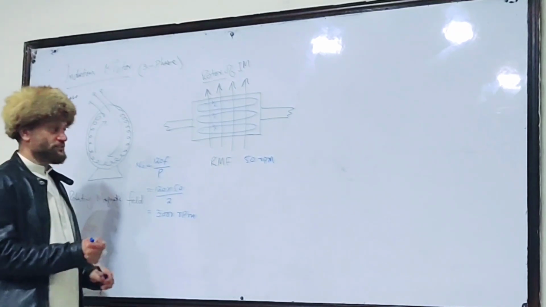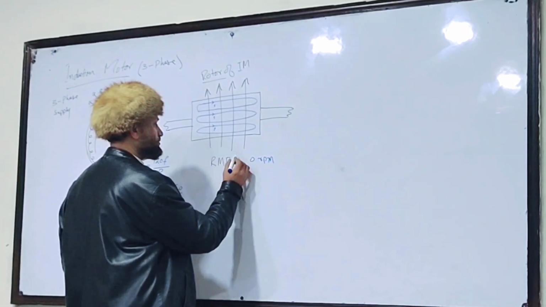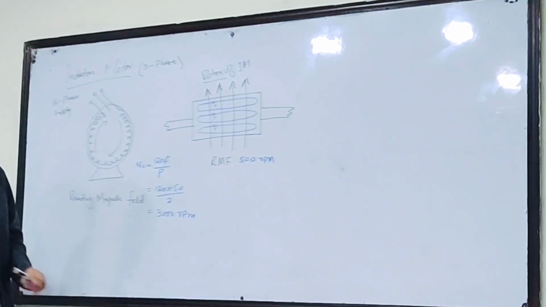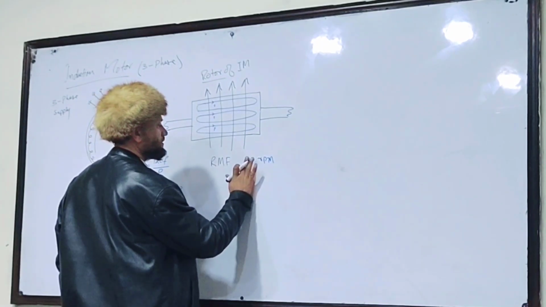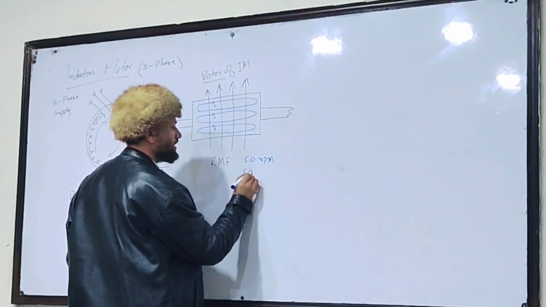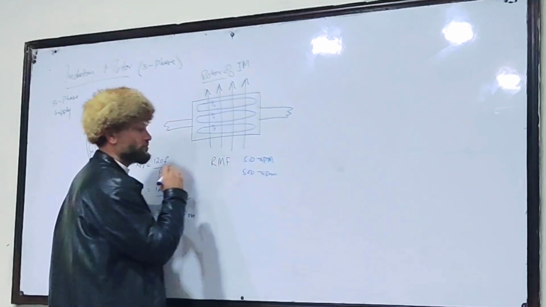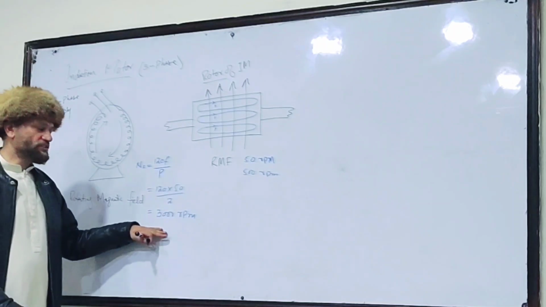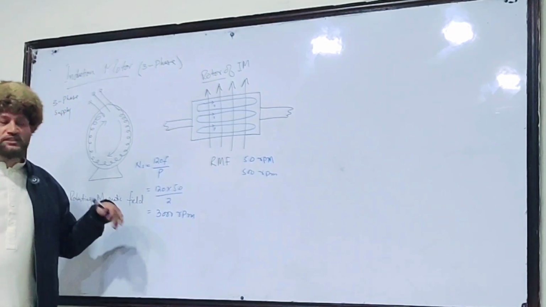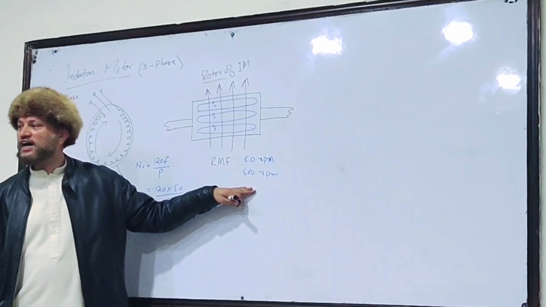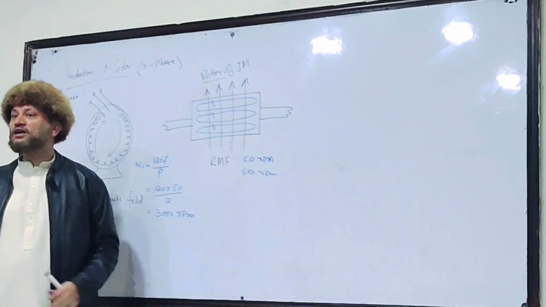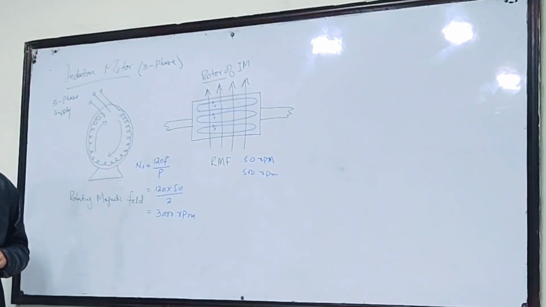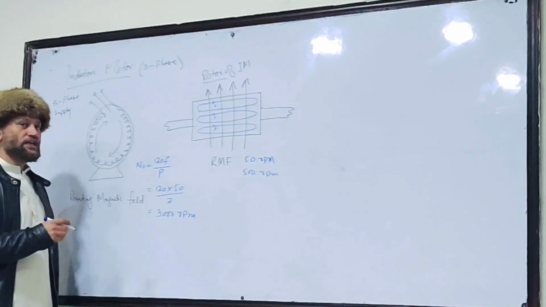The speed is increasing, you know. So, for example, it has reached 500 revolutions per minute. The speed of the rotating magnetic field is 3000, and the rotor speed has reached 500. Now how much is the relative speed? 2500.